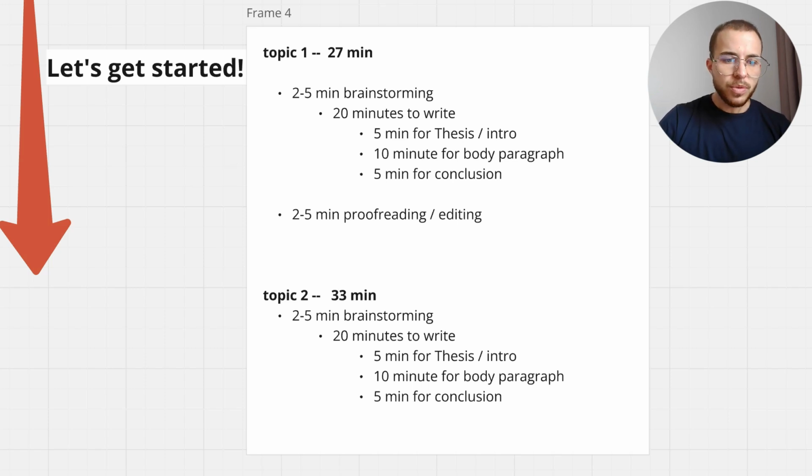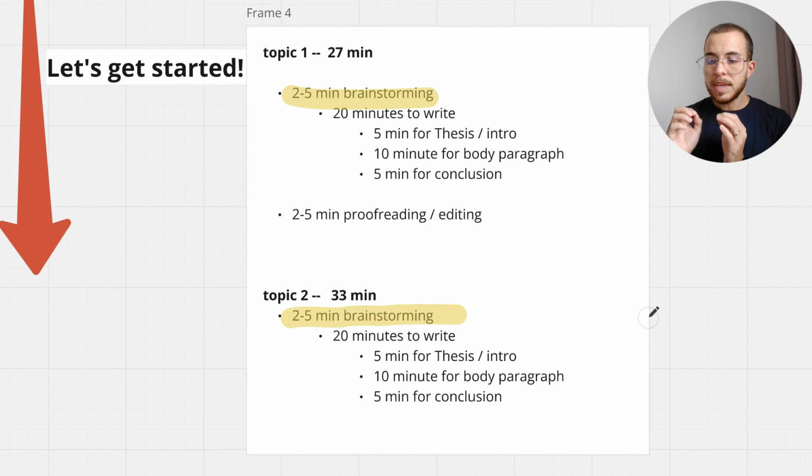I extremely recommend that you have brainstorming time, and we are going to do that today together. 2 to 5 minutes for brainstorming is sufficient, but the better your brainstorming process is, the easier the writing activity will be. Don't forget that. So please don't skip through this.